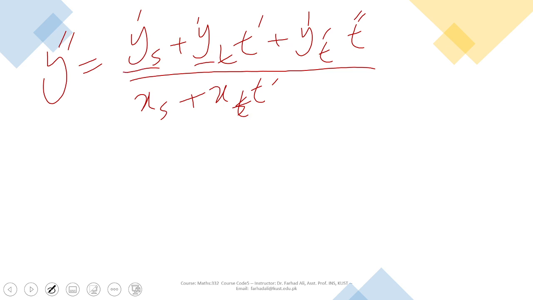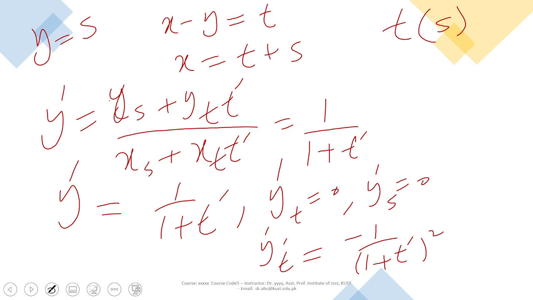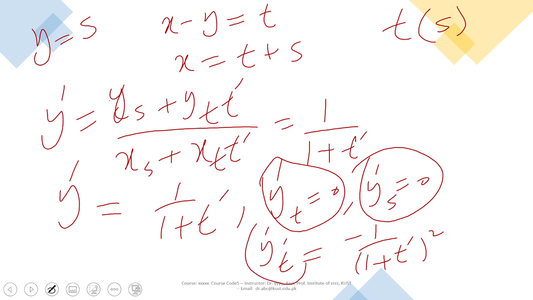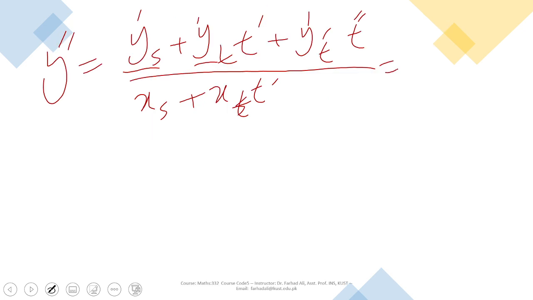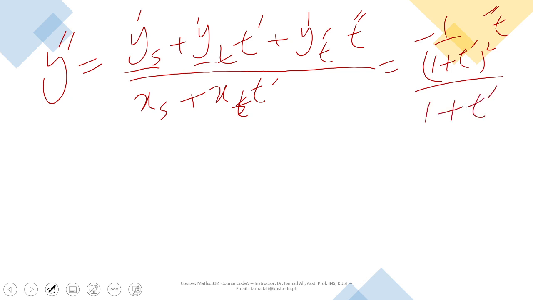So this is 0, this is 0. You see from the previous slide, y dash t is 0, y dash s is 0, and y dash t dash is this value. So I get minus 1 over 1 plus t dash square times t double dash, and the denominator 1 plus t dash.